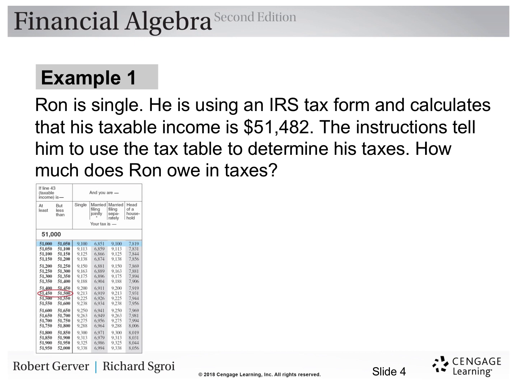Well, first of all, we have to take a look at what we know from this example. First of all, we know that he is single, so that does make a difference in terms of his taxes. And we also have to look at the fact that his taxable income is $51,482.